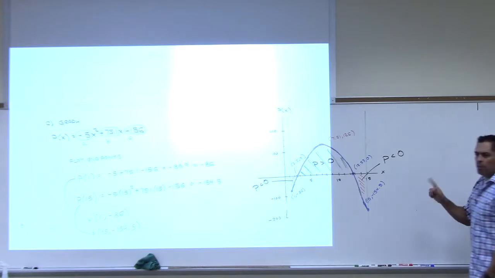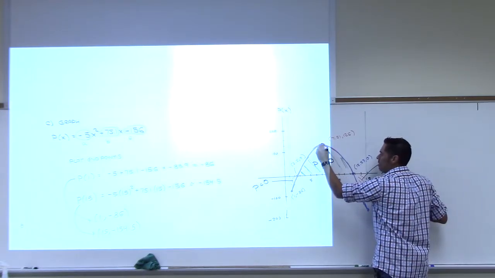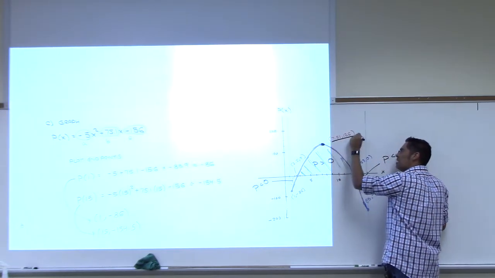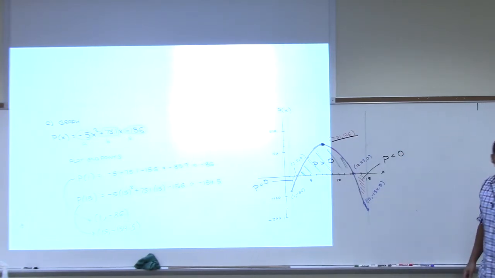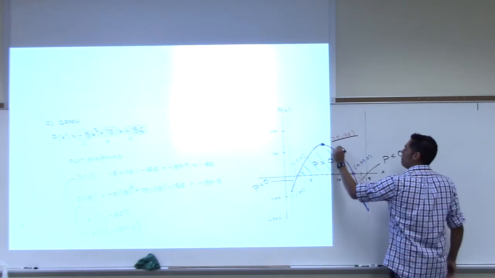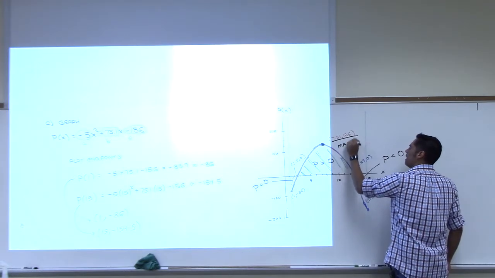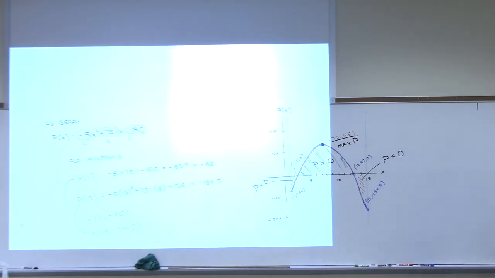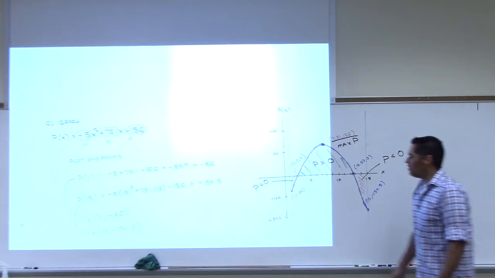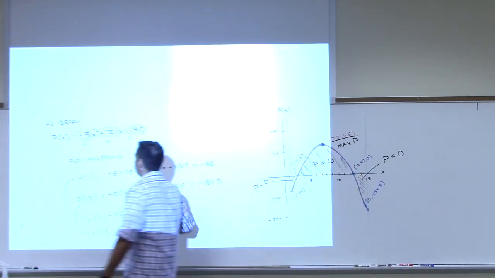But the most important point to us is this one, because this right here is where we would get maximum profit, right? Max P right there. Now, can you tell me what the maximum profit is?